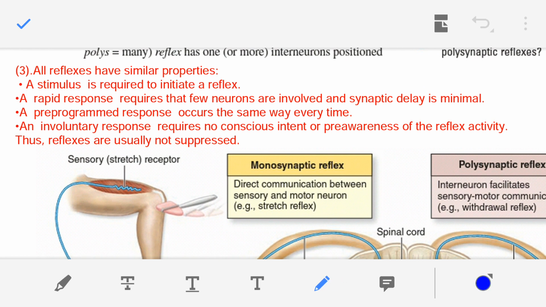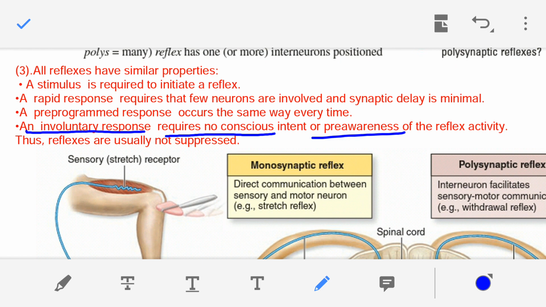Now the responses are involuntary and require no consciousness or pre-awareness. So you are not aware of the situation, or even if you are not conscious, say you are sleeping and by mistake you touch a hot object, at that time also you are going to remove your hand from that hot object.